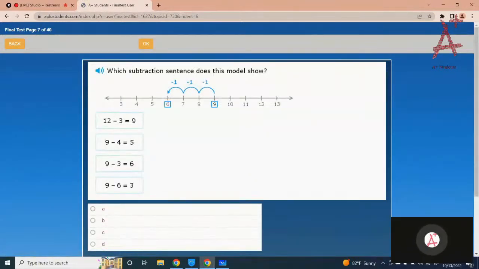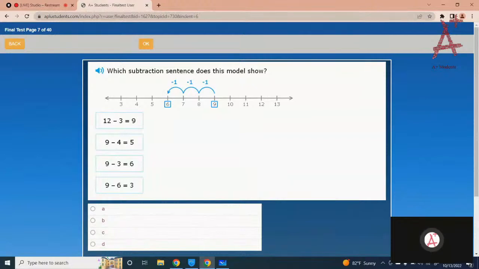Okay, which subtraction sentence does this model show? Just look at the numbers written in the blue boxes. That means you started from 9. How many times you move back? 1, 2, 3. 3 times you move back.